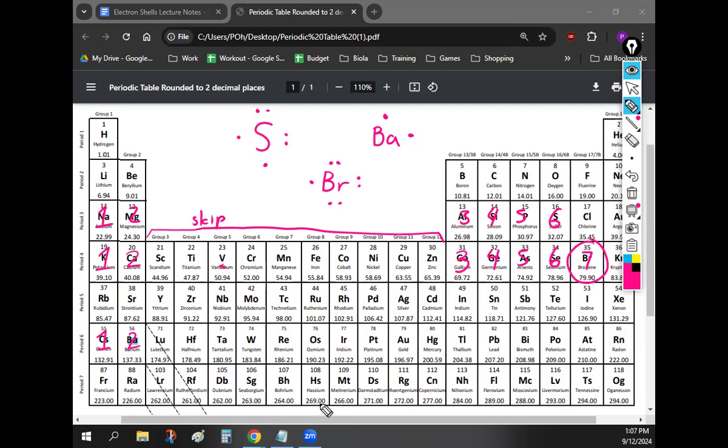You skip it for the valence electrons, not for the shells. So we skip this when it comes to valence electrons, so counting the dots, but you can still count the shells. This one right here still has 5 shells. Oh, so you just won't put the number? Yeah, it's for only the valence.